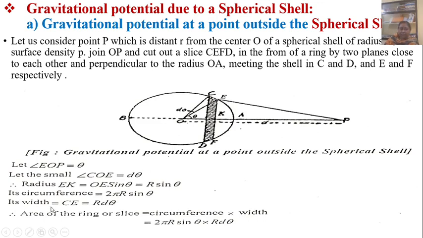Therefore its width CE is R into d theta, and the area of the ring or slice is equal to circumference into width.